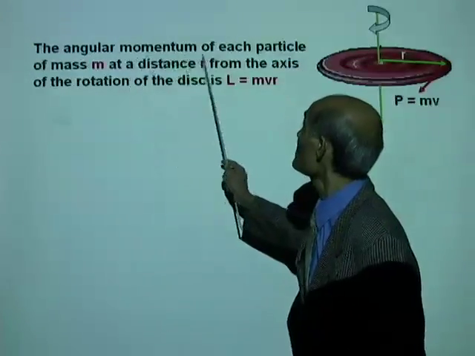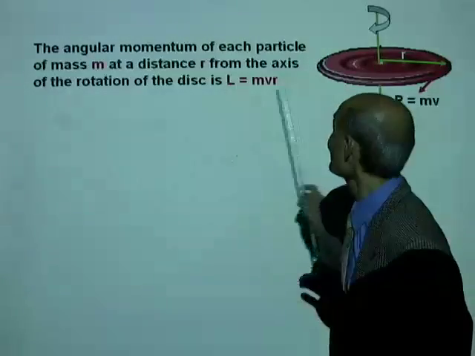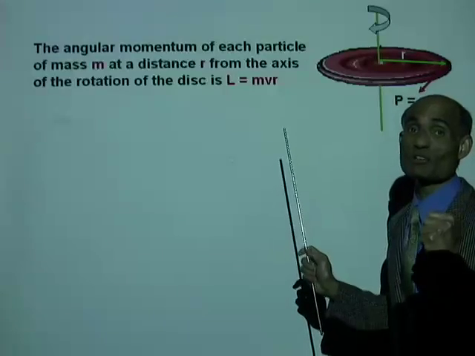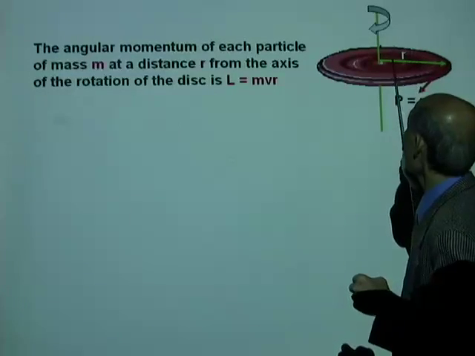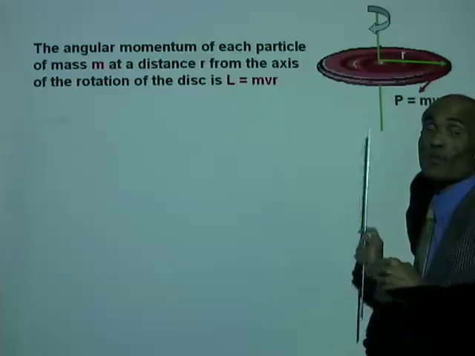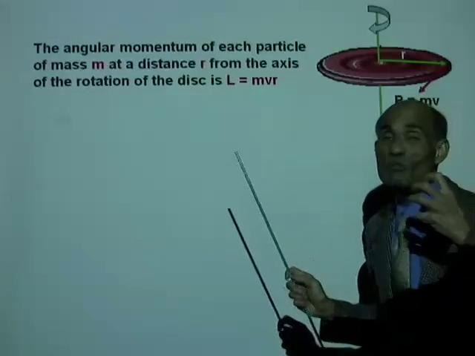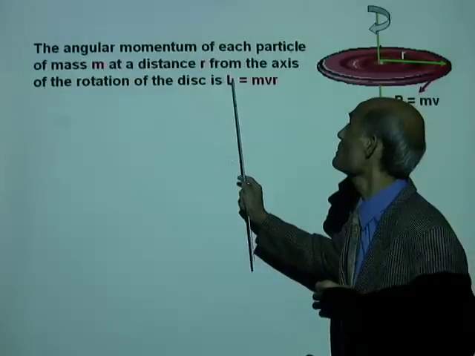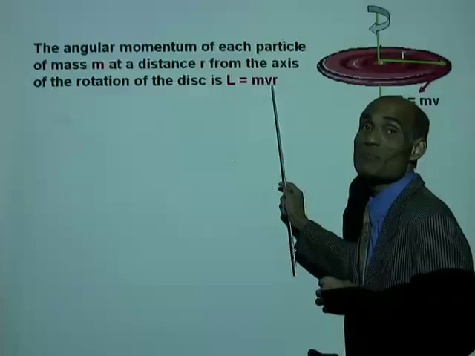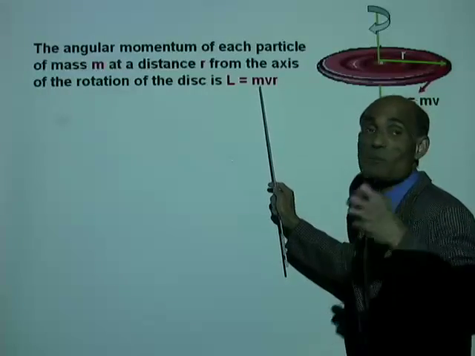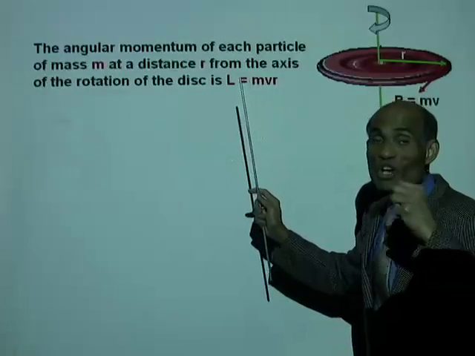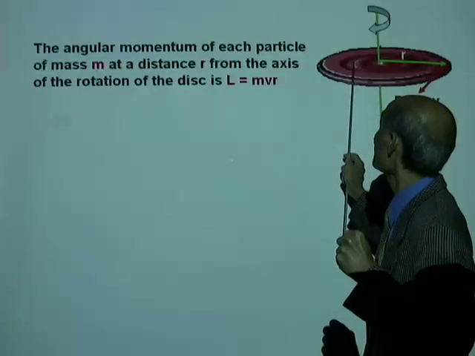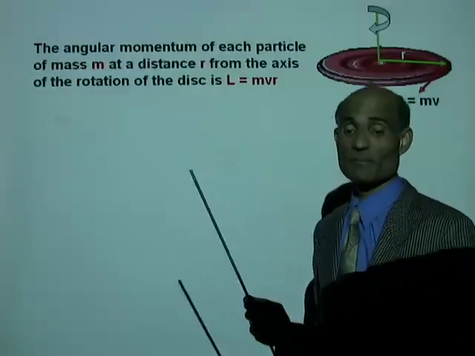So the angular momentum of each particle, you see, I used a bunny over there to represent a particle. Now if you look at any number of particles on that rotating disk, the angular momentum of each of those particles will be given by L equal to mvr, where m is the mass of that particle, v is the linear speed, and r is the distance of that particle from the axis of rotation.